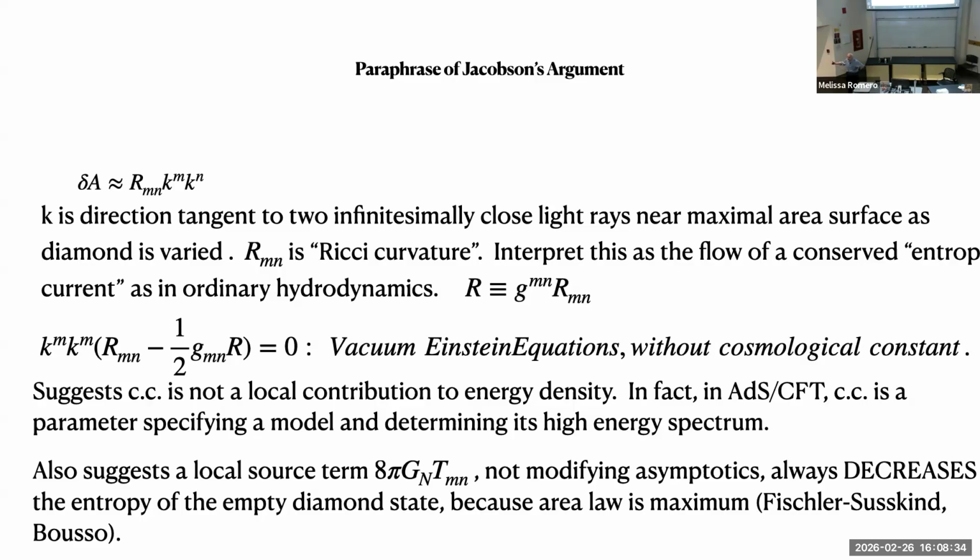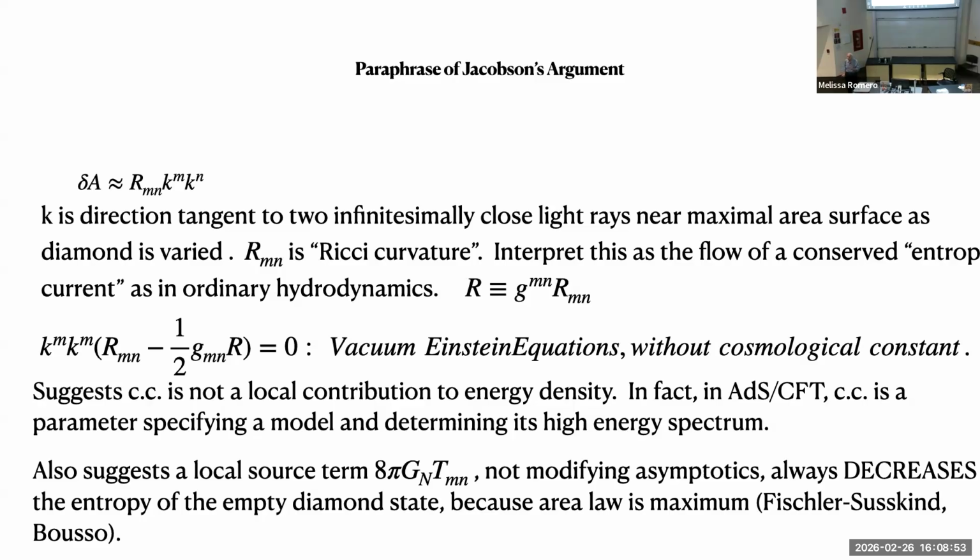So this is a state, given the background geometry, in which all the causal diamonds are completely empty. Fischler, Susskind and Bousso made the additional hypothesis that area law entropy is always the maximum.